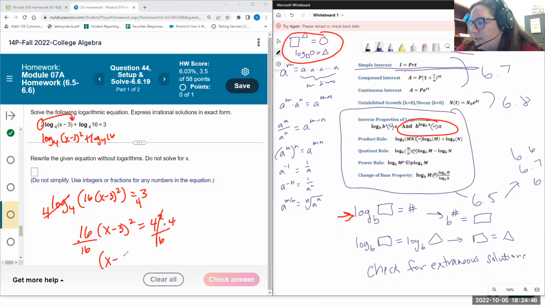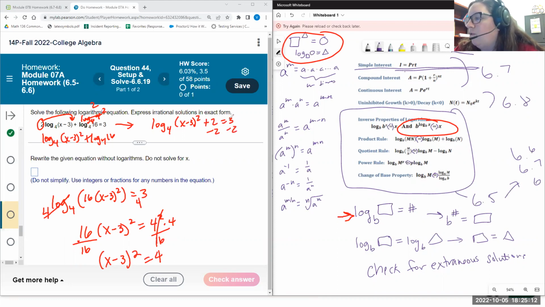So I have (x minus 3) squared equals 4. You could even have simplified. Another way to do this is to evaluate log base 4 of 16. That's just 2, and then you would have log base 4 of (x minus 3) squared plus 2 equals 3.